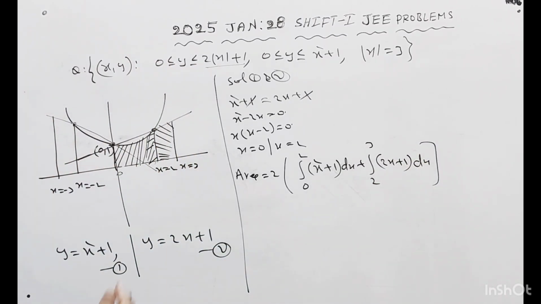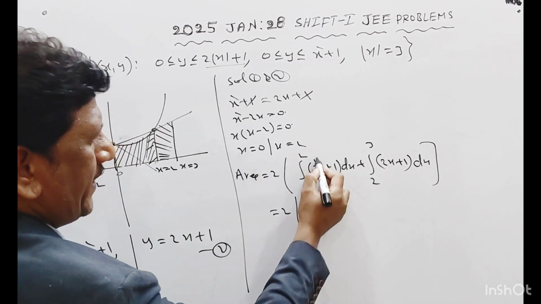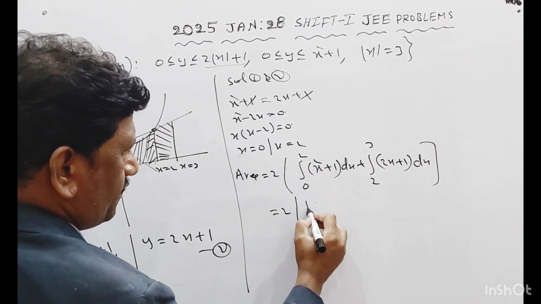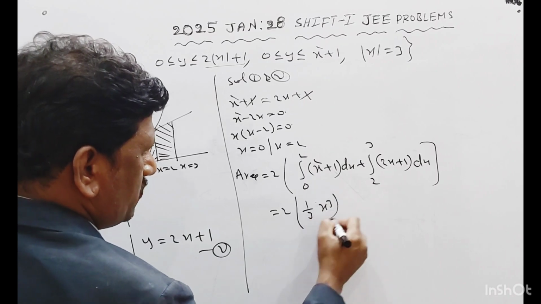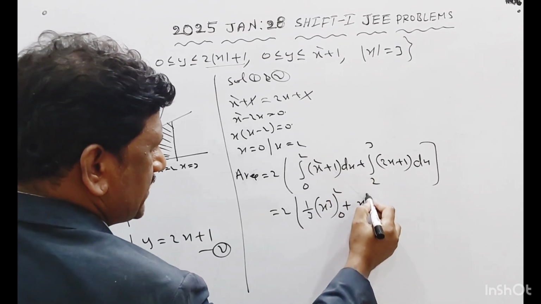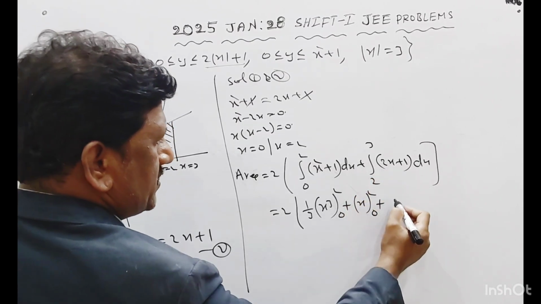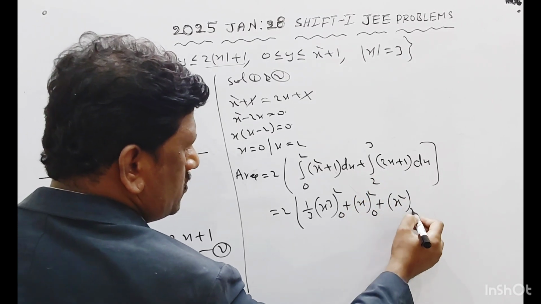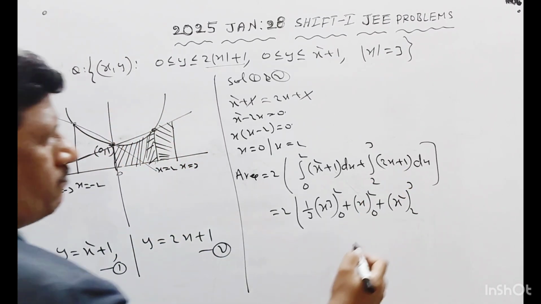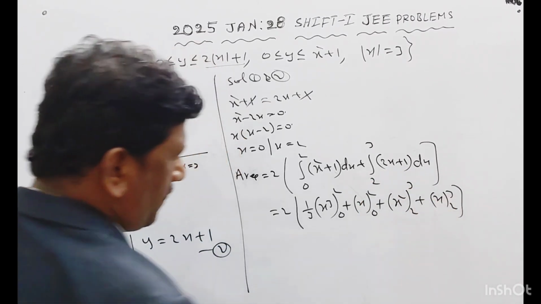Then after that, we need to do the calculation. So this is 2 times of, integration of x square is 1 by 3 into x cube, 0 to 2, plus integration of 1 is x, 0 to 2, plus integration of 2x is x square, 2 to 3, plus integration of 1 dx is x, 2 to 3.